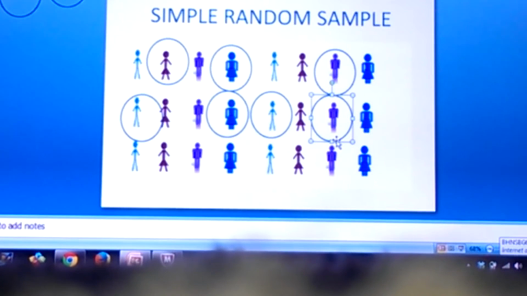Now, the 6 individuals that were chosen will be the ones that would participate in the survey.